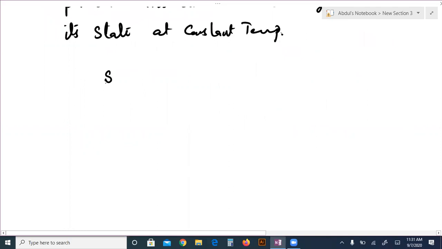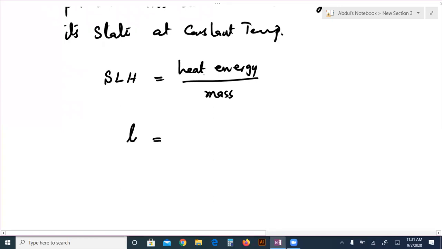So specific latent heat is equal to heat energy divided by mass at the fixed temperature. Now, specific latent heat is represented by L, and the heat energy E divided by m. Energy is measured in joule, mass in kilogram, so the unit is joules per kilogram.